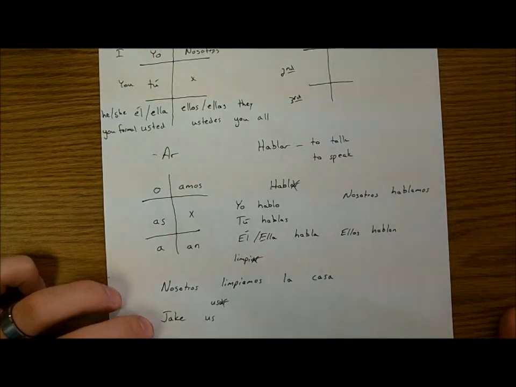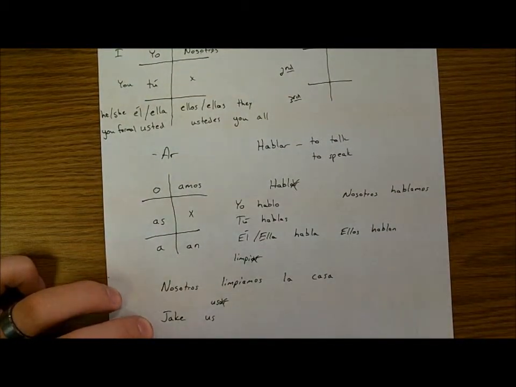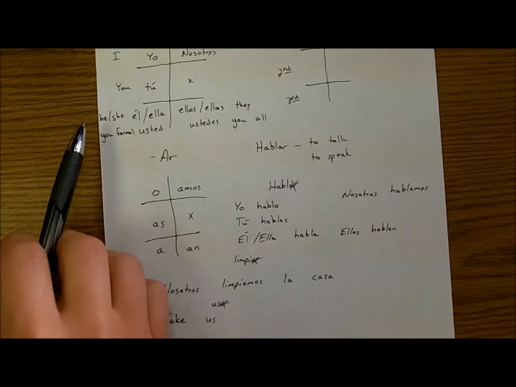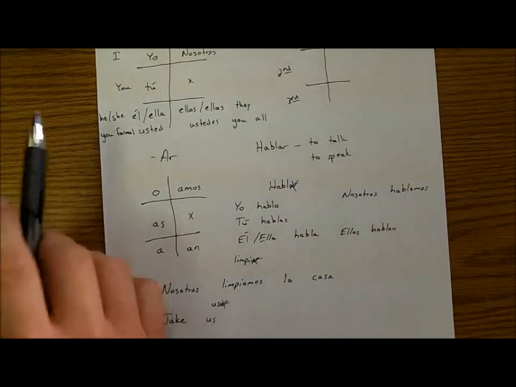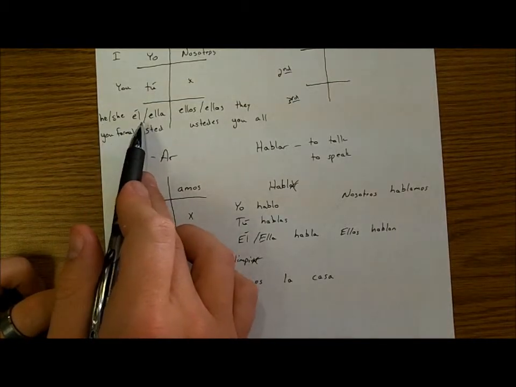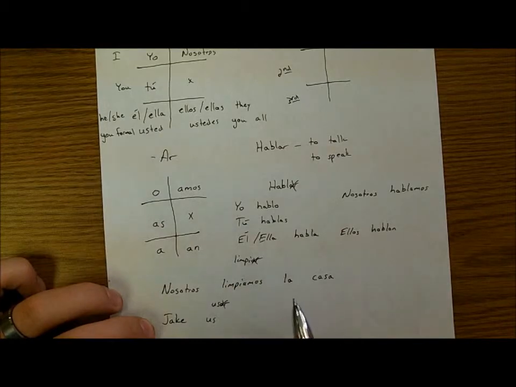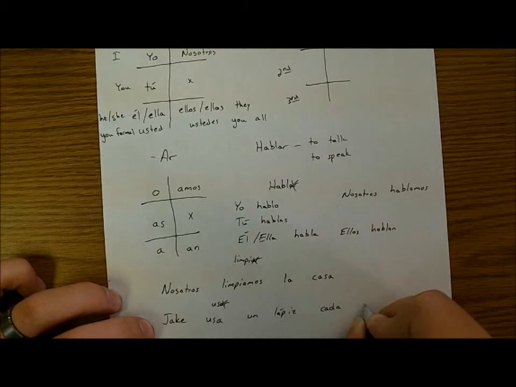So going back to our subject pronouns, Jake is talking about a third person, about a person. It's a guy. He's a he. So we can use this bottom left he or she form. So Jake usa un lápiz cada día.